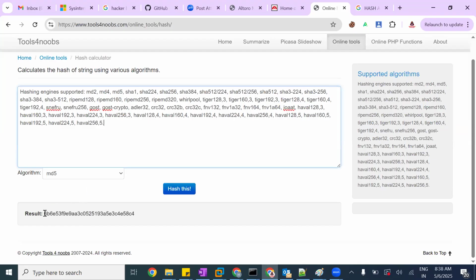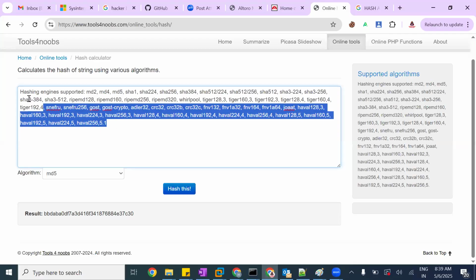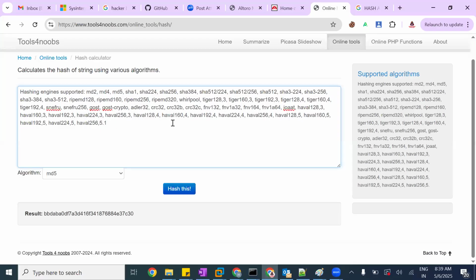For example, 6B, 6C is there. For this input, I just add a single digit, number 1. Earlier 6B, 6C converts to a totally different hash. The entire hash got changed just because of a small value. If you change some value in the input, the hash gets changed. That's how we can protect or confirm integrity by using hashing.